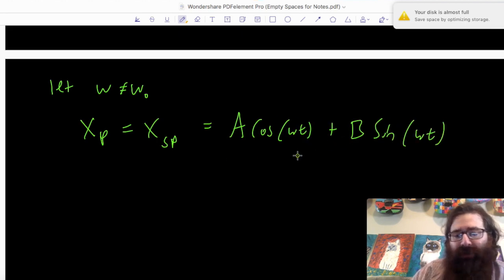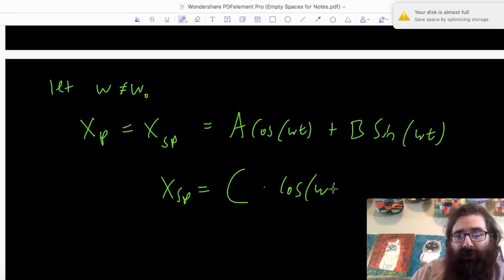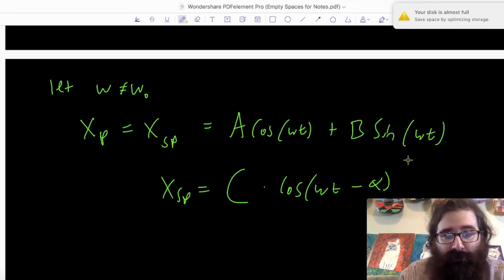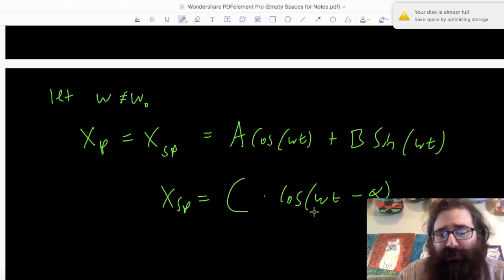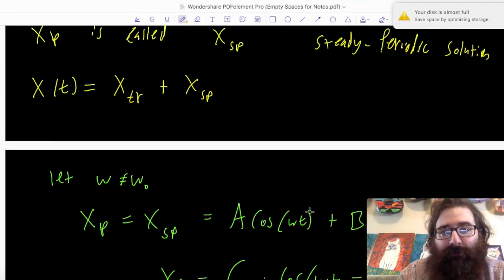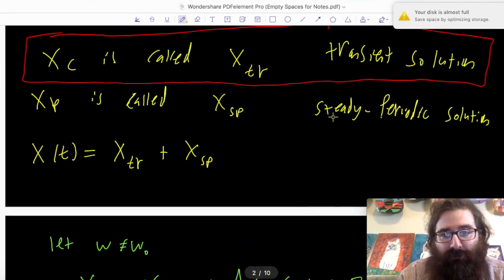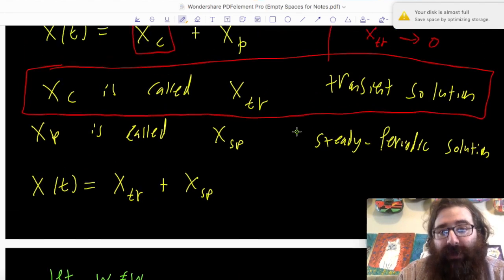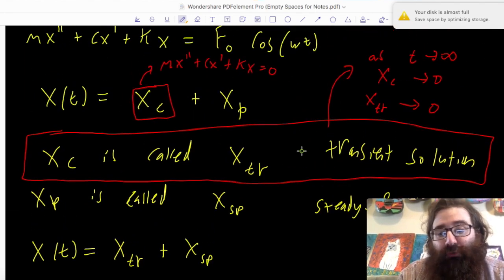We talked a lot about building this into just one trigonometric function, giving some coefficient capital C on cosine of omega t minus alpha, just writing it as one sinusoidal function. And this function is going to wind up dictating the behavior in the long run. So as t goes on, these transient pieces of the solution die off, right? They're going to decay as t heads to infinity.